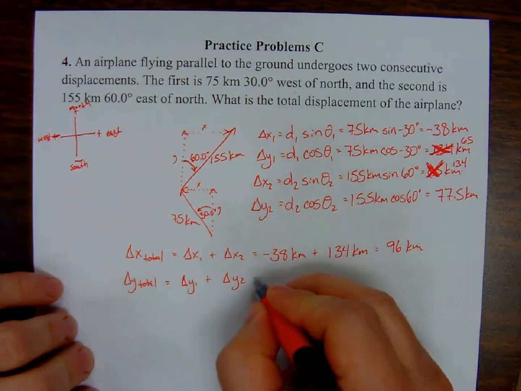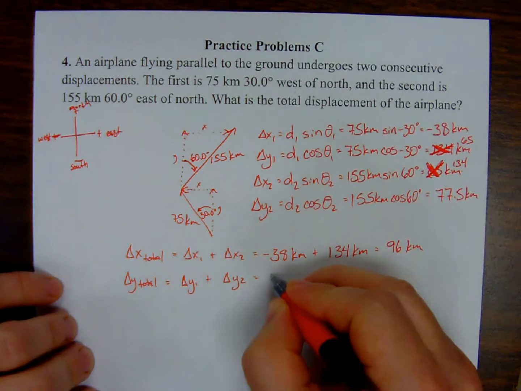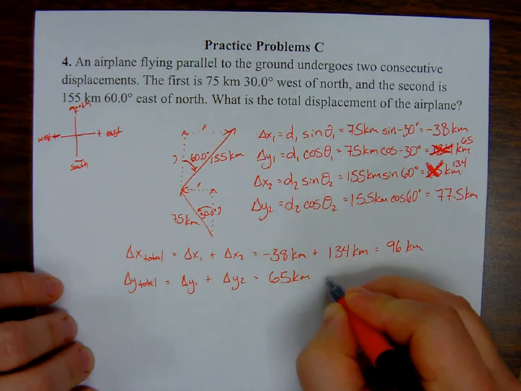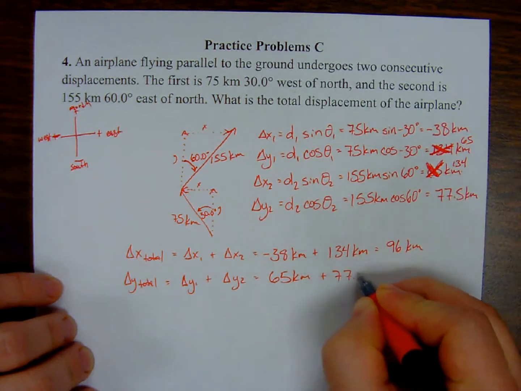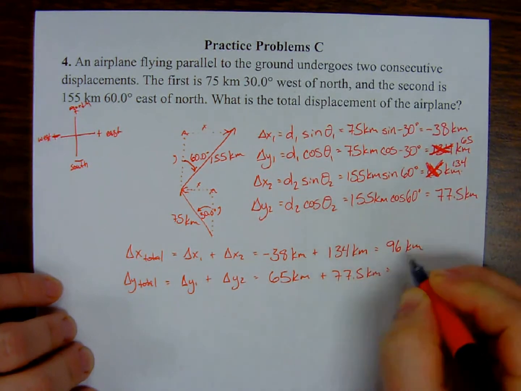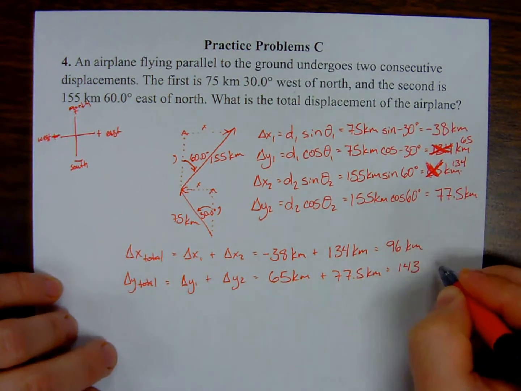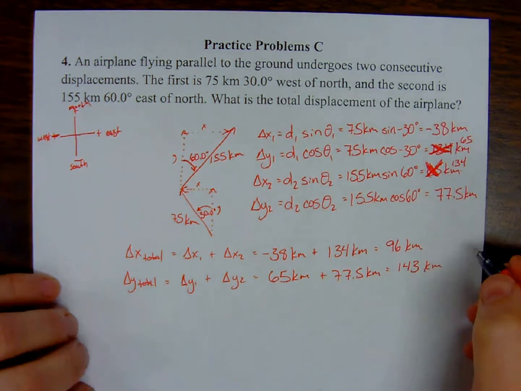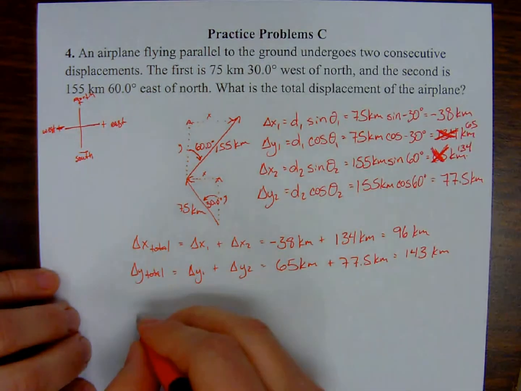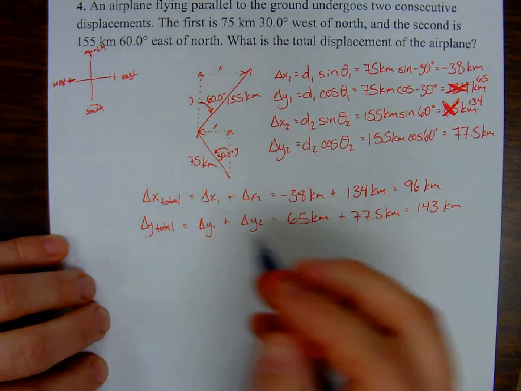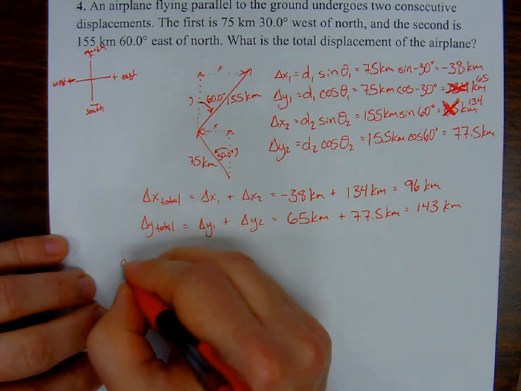All right, so let's start with our Pythagorean theorem. Delta x squared plus delta y squared, all under the radical. That ends up being 96 kilometers squared, and was it 143 kilometers squared, still under the radical. So what does that end up being?